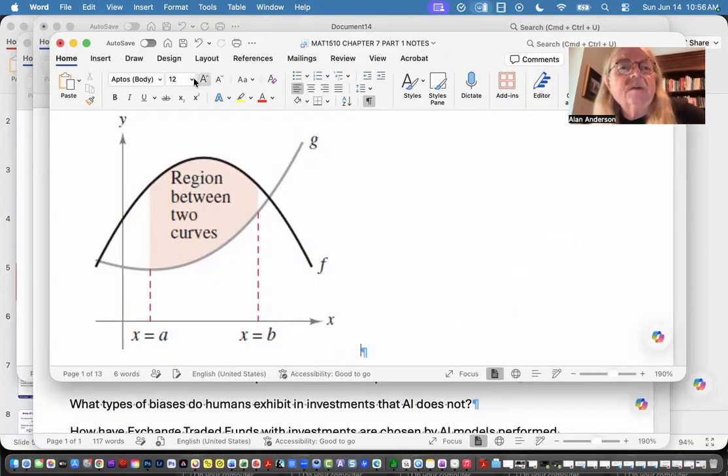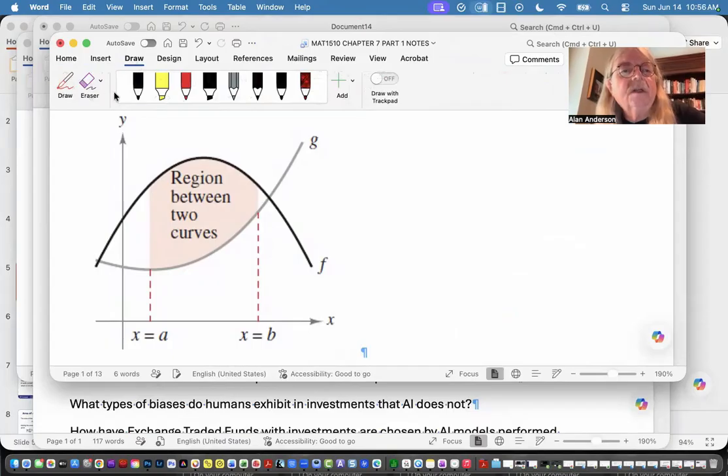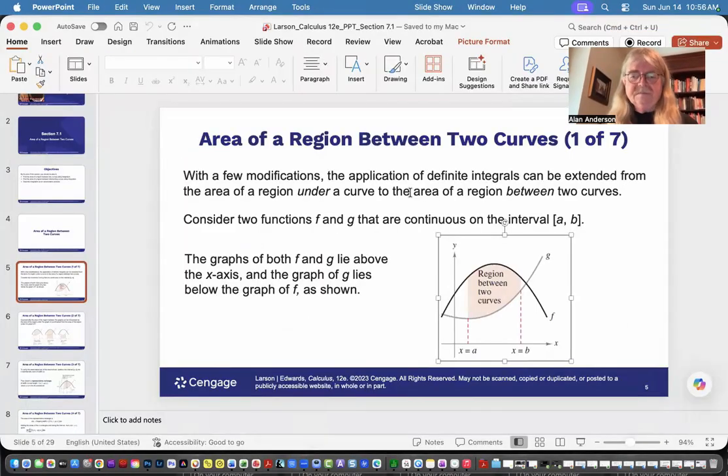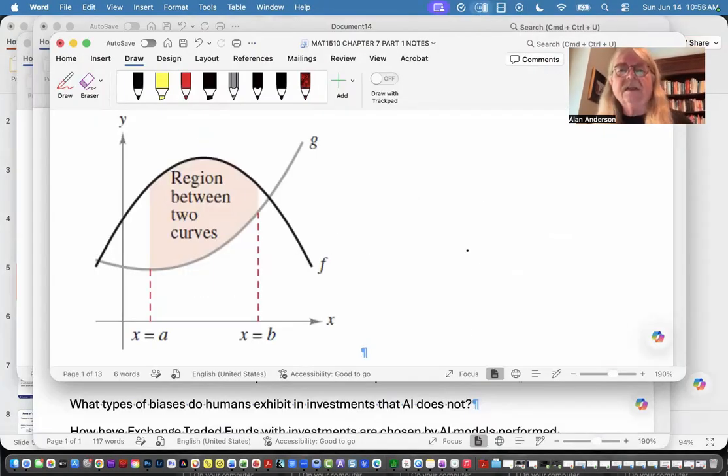So it's a very simple idea. What we're going to do is first note which curve is on top, and that would be the f of x, and then which is on the bottom. And then what we're going to do is think about it this way.